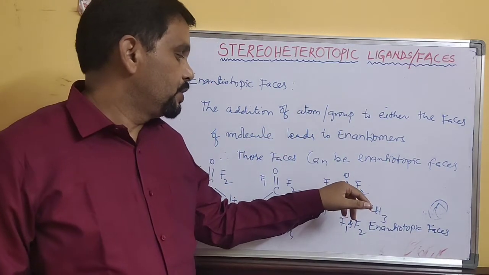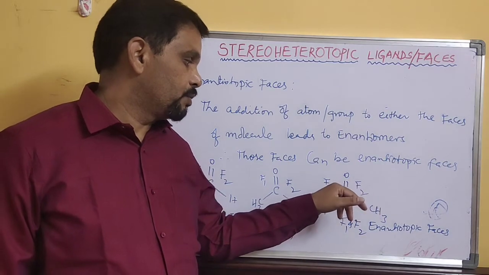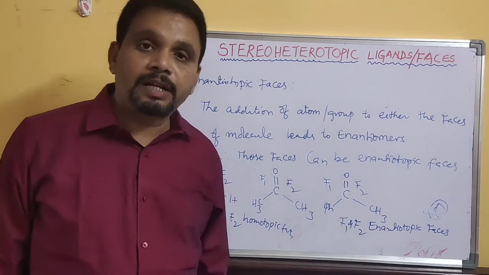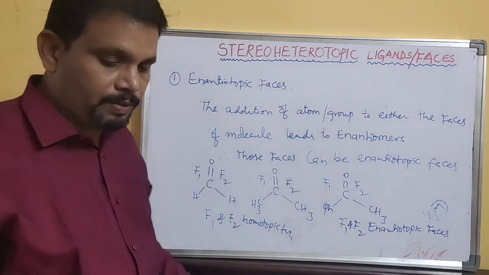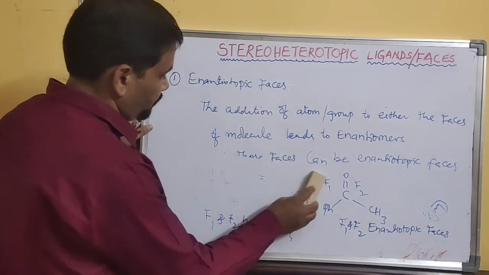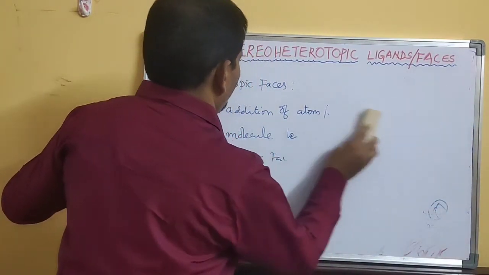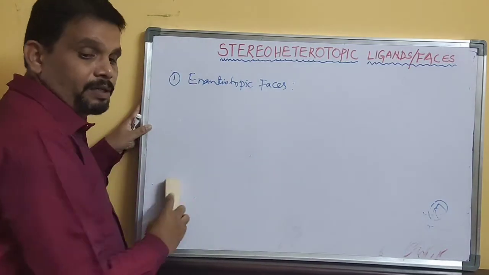Therefore, these two faces F1 and F2, this is one face and this is the other face, can be considered as enantiotopic faces.